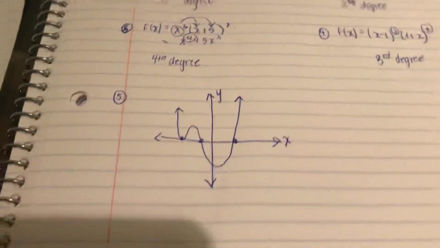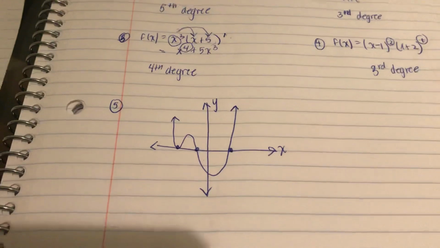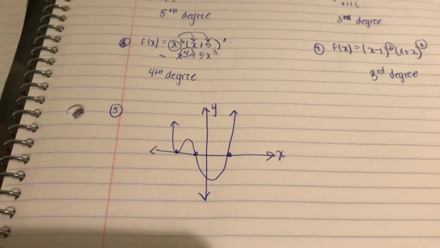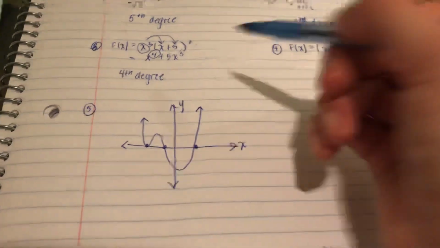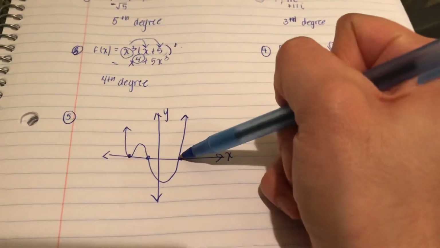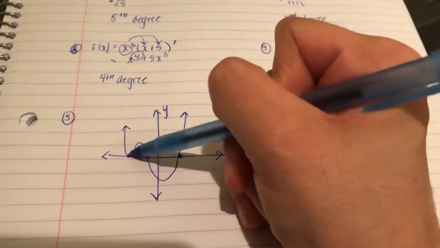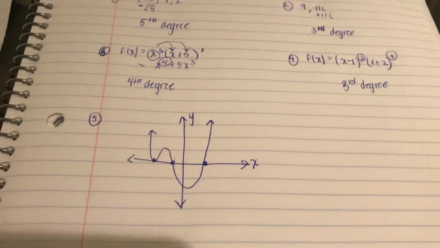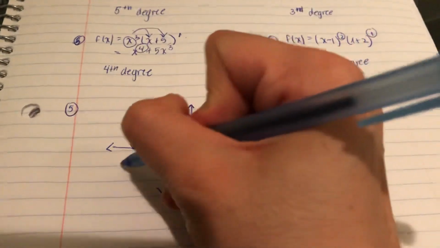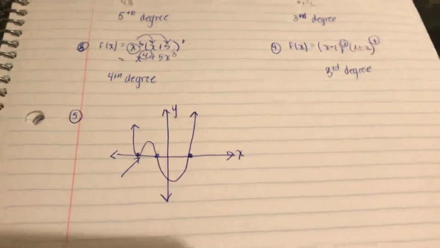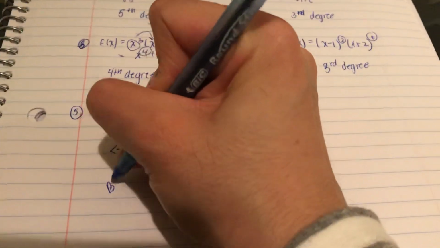And now right here we read the graph. So in here you have to analyze the graph, what's going on at the root. So this graph right here has a total of 1, 2, 3 distinct roots. Distinct roots are the ones you see in the graph. At the x-axis here, the graph bounces.